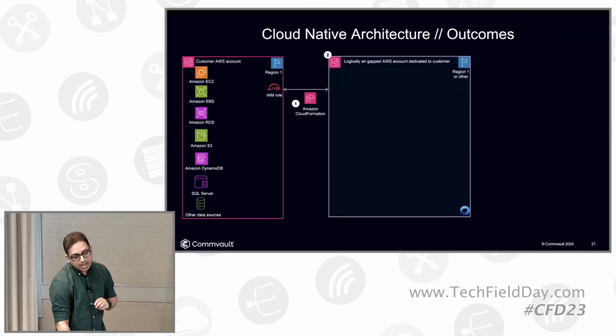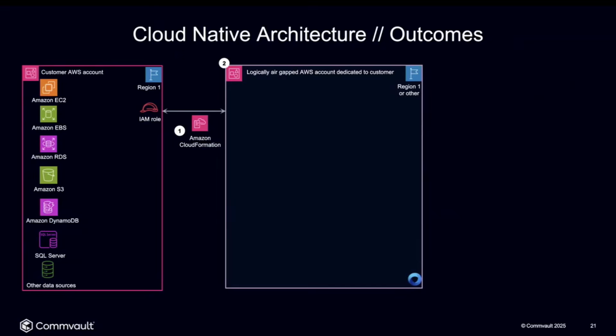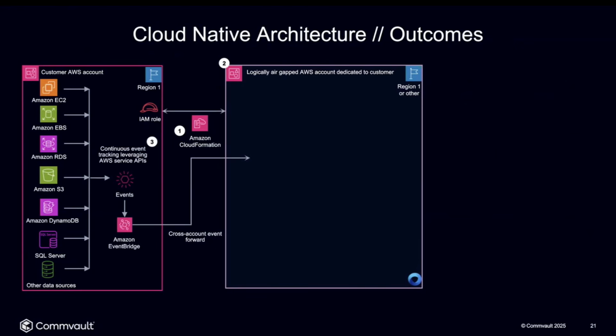And then once the account has been onboarded, a logically air-gapped AWS account that's dedicated to each customer is created. And again, this can be in the same region or any other region for that regional isolation. And then once that's done, it's completely events-driven and serverless from that point on.